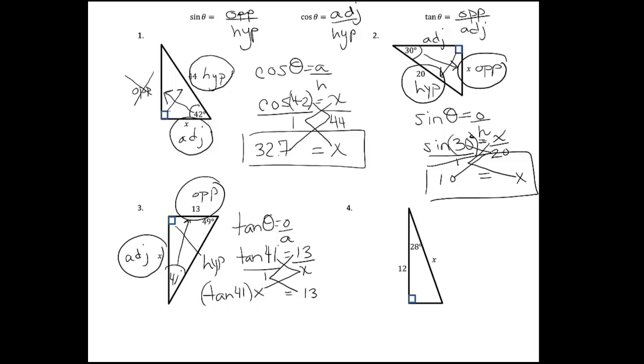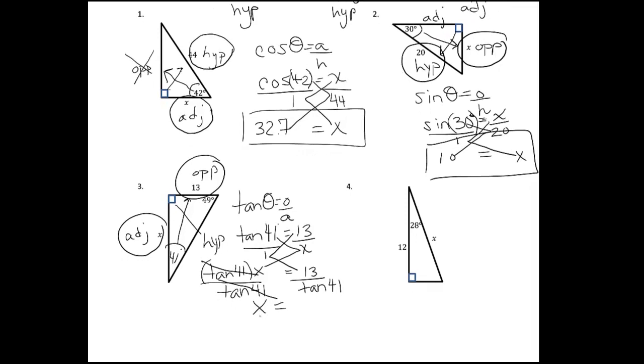So if I want to get x by itself and it's multiplying by tan 41, just like I would normally do, I'm going to divide by tan 41. That whole tan 41 and that whole tan 41 reduce to 1.